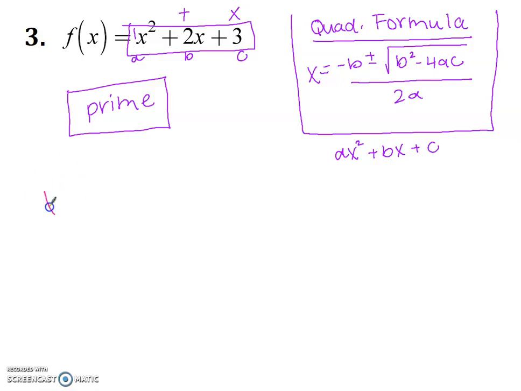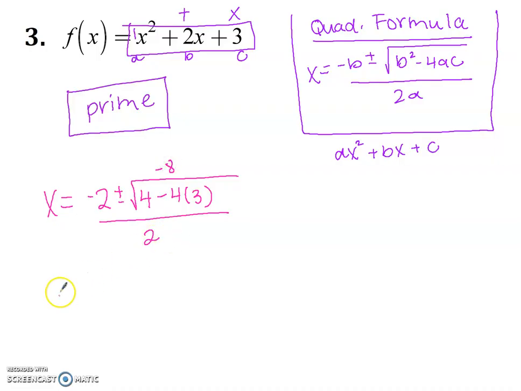So now for the quadratic formula, we're going to have x equals the opposite of b, so that's negative 2, plus or minus the square root of b squared, so 2 squared is 4, minus 4 times a times c, so 1 times 3, that's 3, so 4 times 3 gives me 12, all over 2a. So 2a is just going to be 2. So this will be 4 minus 12, which is negative 8.